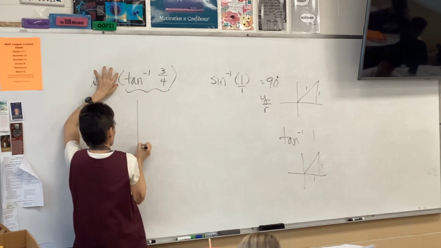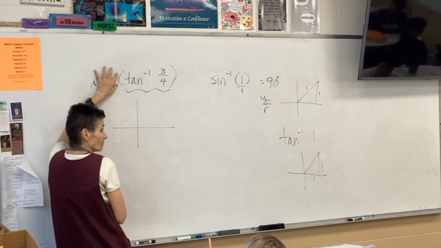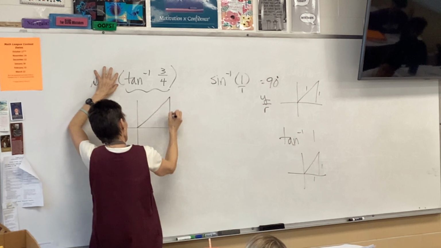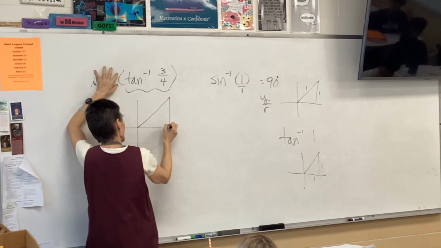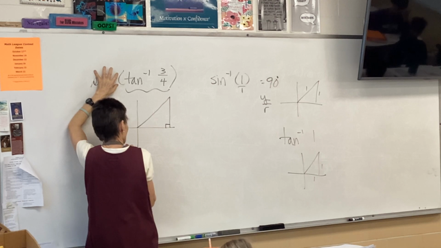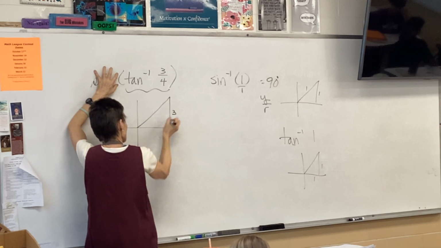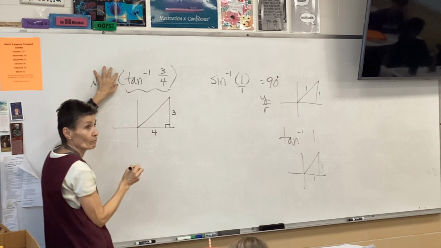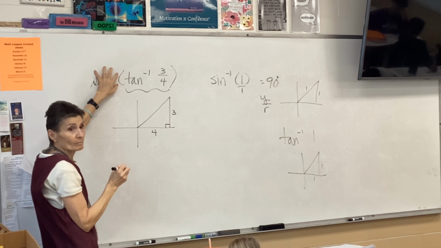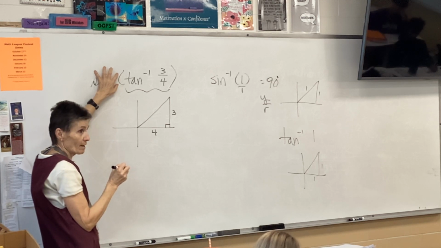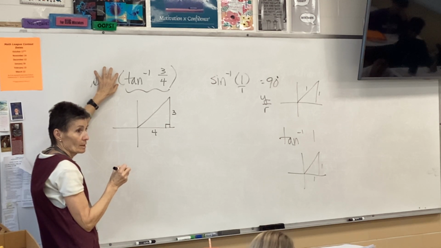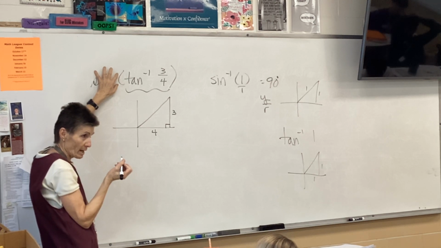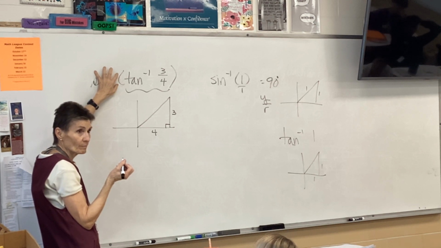That says that I have an angle in quadrant 1. How do I know I'm in quadrant 1? Positive. And opposite over adjacent is 3 over 4. Would everybody agree with that? Now, what are you kind of programmed to do at this point?